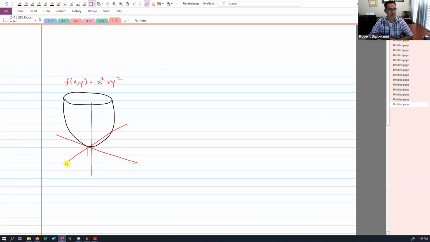We were told that the gradient of this is a vector created by taking the partials of each of those. So if I take the gradient of this, I'll get 2x, 2y, and that's my gradient vector field.